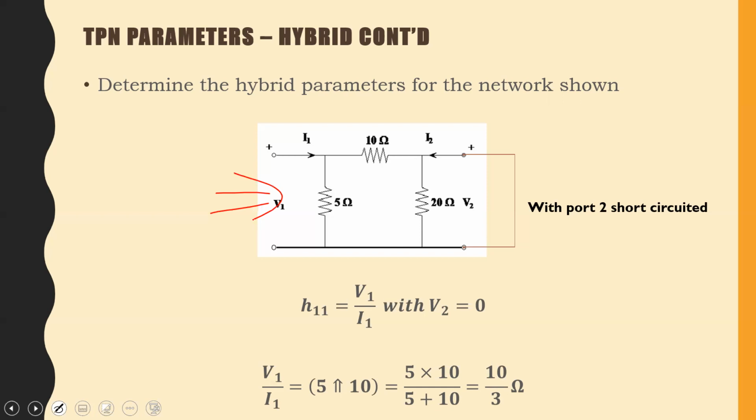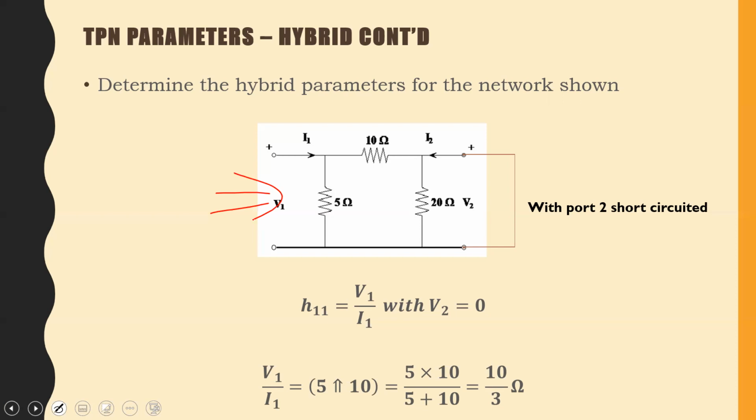Now, if I maintain the short circuit, I can now go and find H21. H21 is I2 over I1 with V2 being equal to 0.